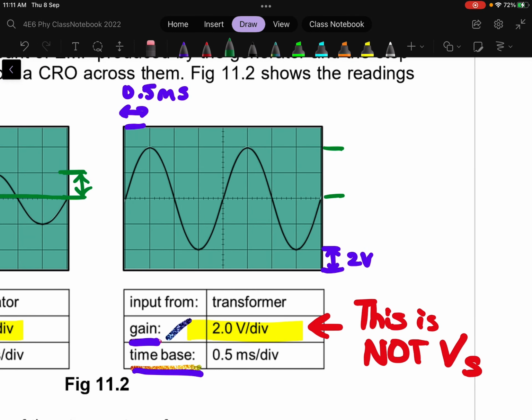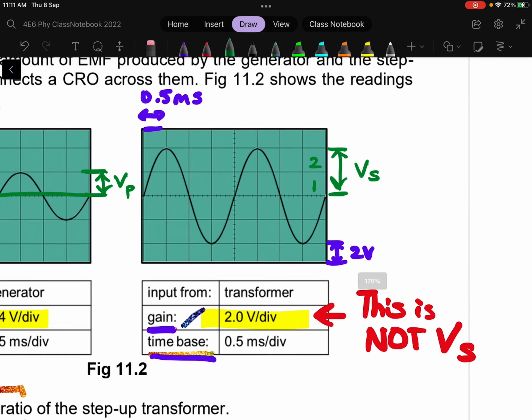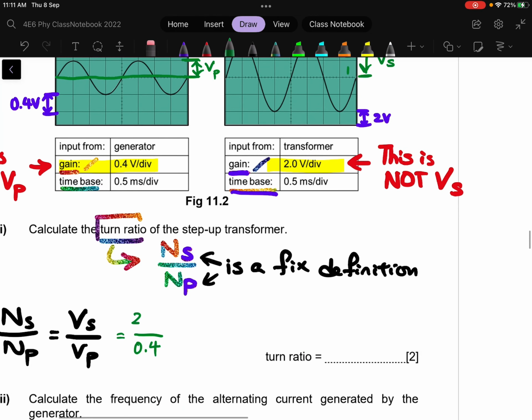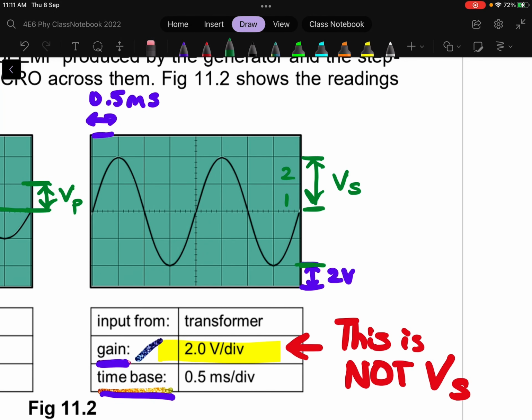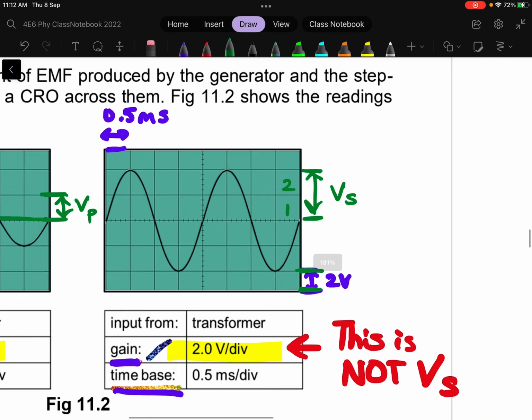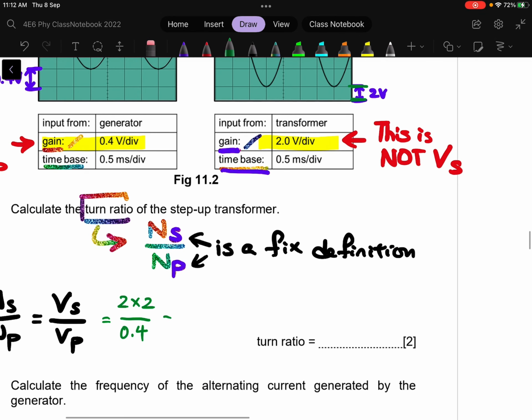And if you want to find your VS, it is from here to here. So this is your VS, this is your VP, and it occupied 1 square, 2 squares, which means it is 2 times 2 volt, because every 1 square is 2 volt, so the amplitude here is 2 squares.